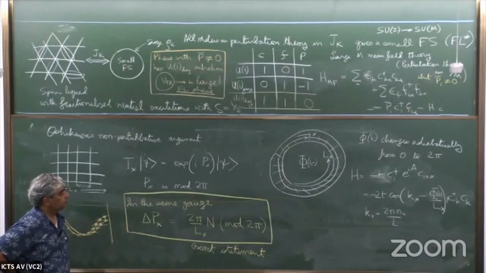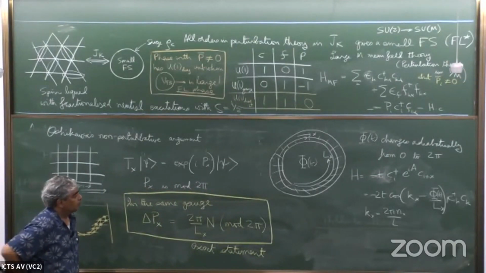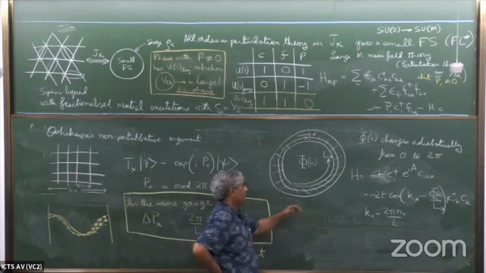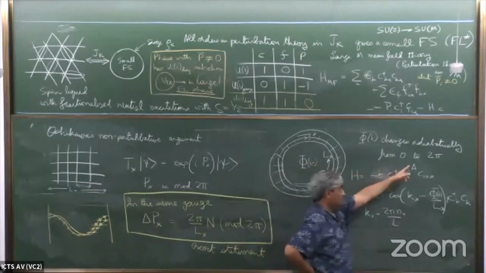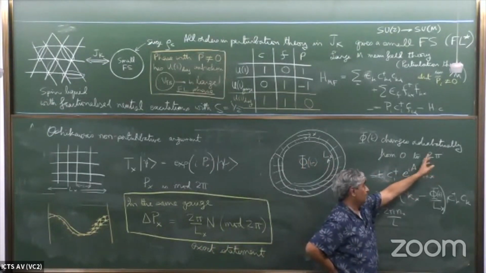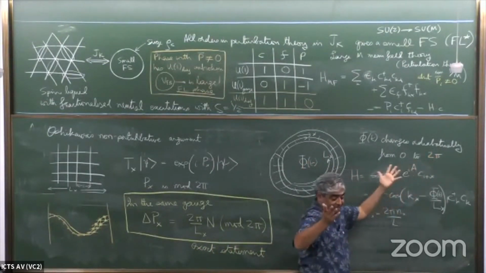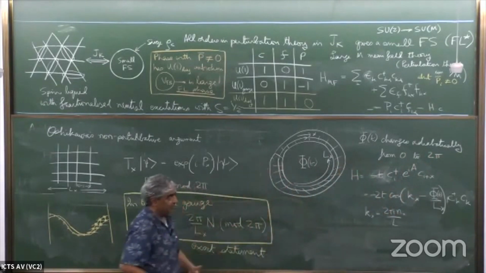What does it say for the flux phi then? Well, I do an experiment where I insert flux here, and the total flux changes from 0 to 2 pi. If I change to some other flux, I get a different system, which will have a whole different set of energy levels.